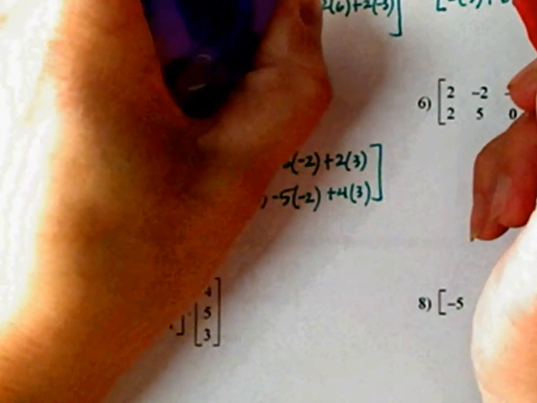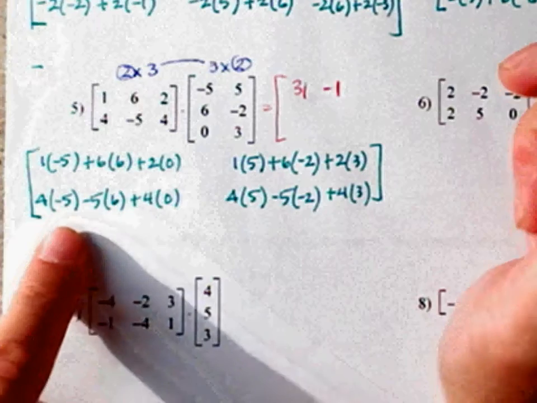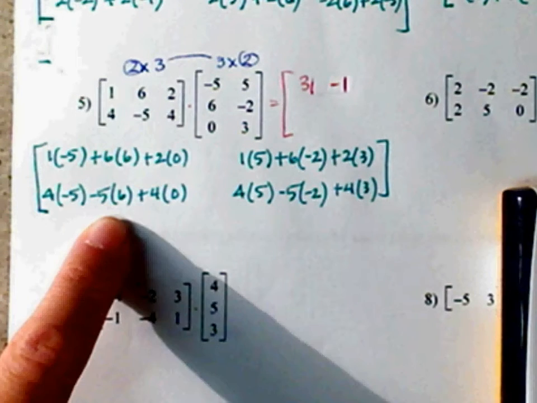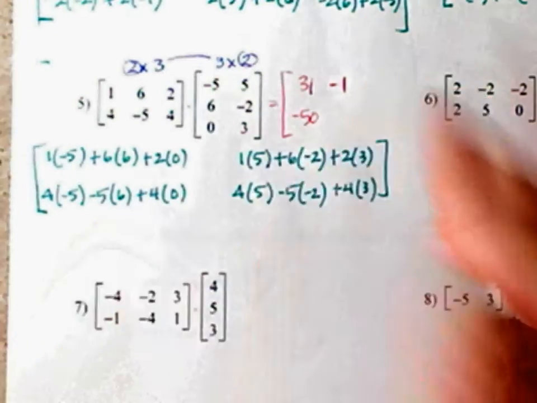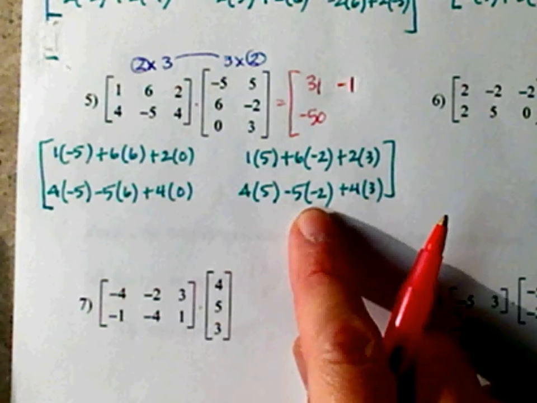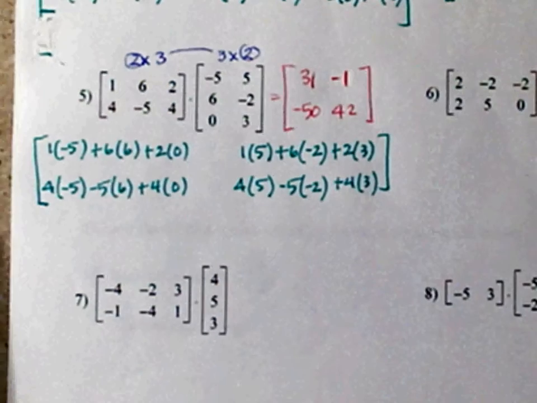Second row, negative 20 minus 30 plus 0 is negative 50. Next one, 20 plus 10 plus 12. This one is 42. And there you have your solution for number 5.